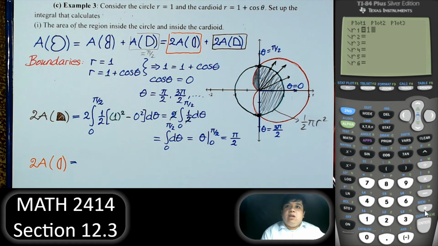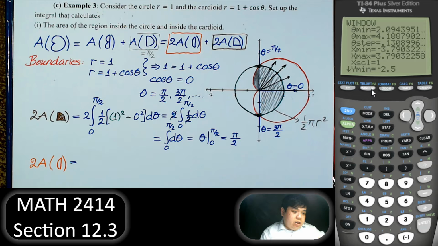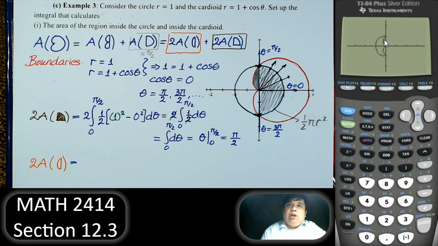We have 1 plus cosine theta and then 1. Yeah, I changed the window from pi over 2 to 3 pi over 2. You see, we have that, and then the other half.